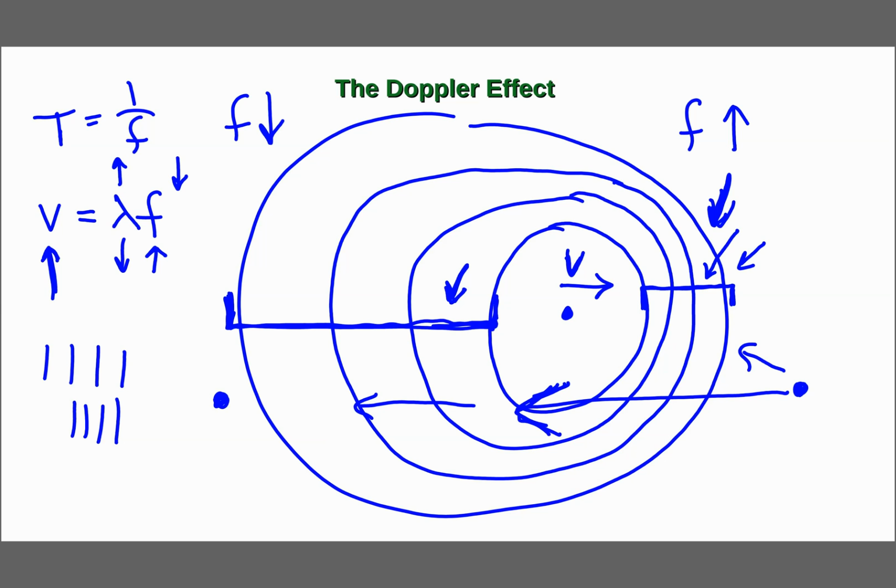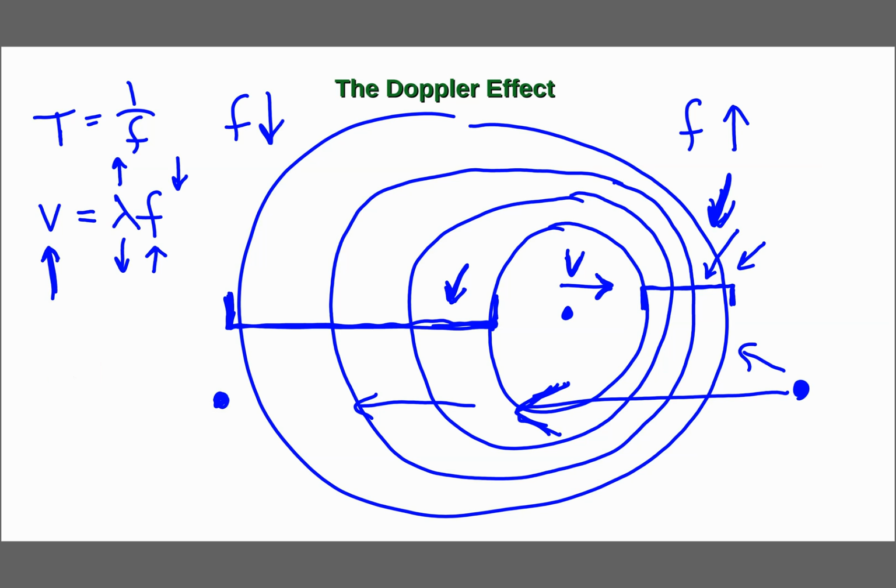And their speed is compared to the medium. So we don't get the speed by, say, adding the speed of the source and the listener. We get the speed of the source by comparing it to the speed of the medium, okay?